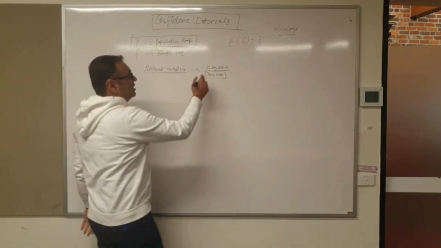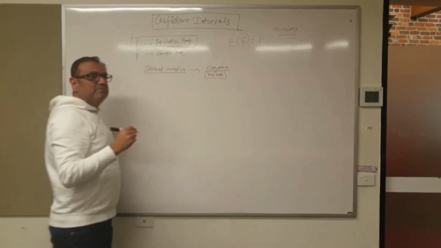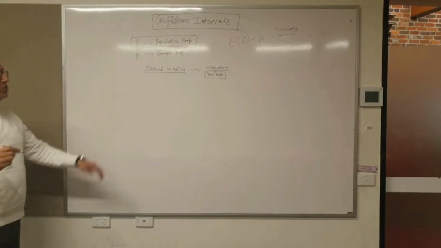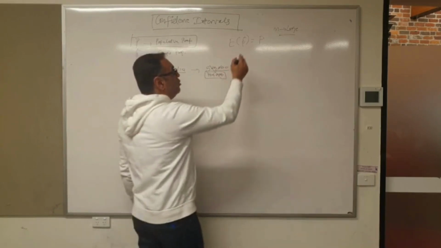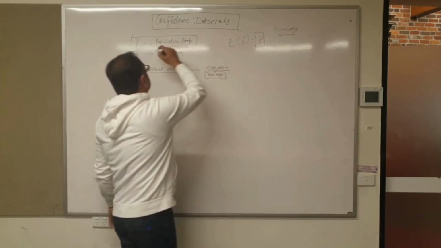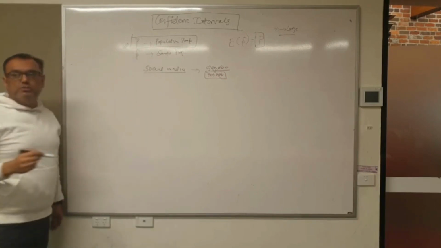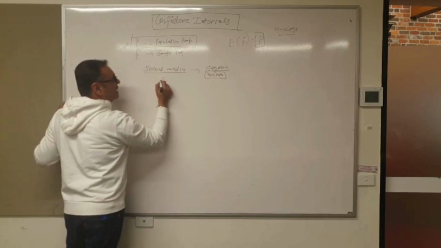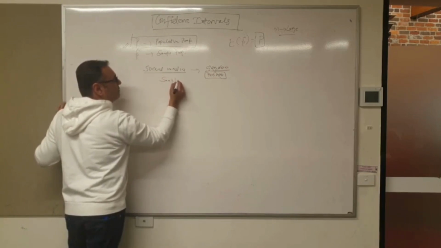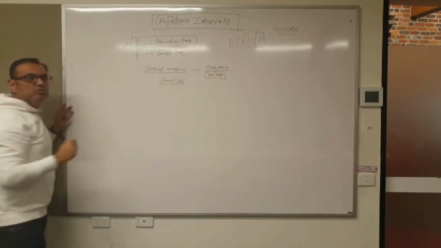Which is not that easy to spend and easy to measure. So the point is, how do we find this population proportion? That is why we use sampling.